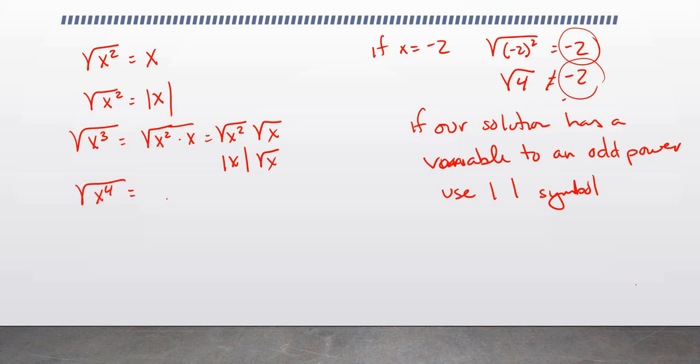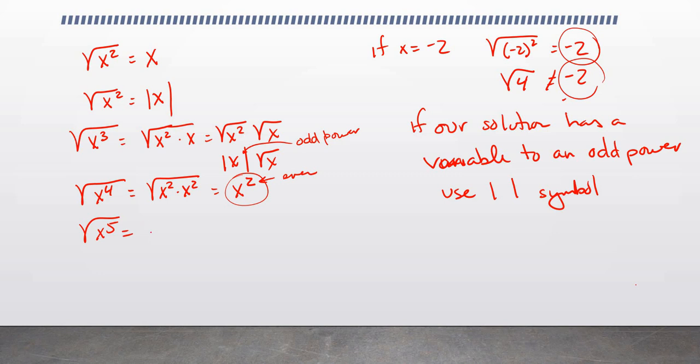The square root of x to the 4th is x squared times x squared, which is going to give us an answer of x squared. And since that has to also be positive, we don't need the absolute value. Even power is okay. Odd power, in this case a 1, needs an absolute value.